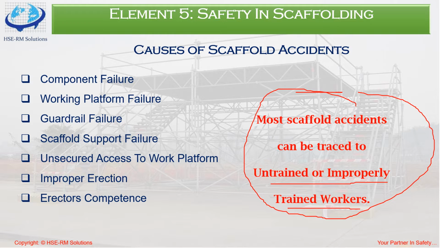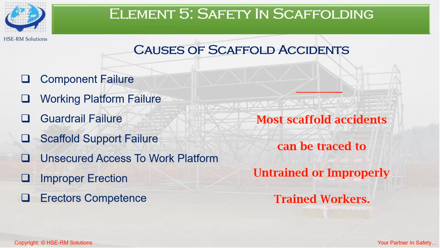Scaffolds don't erect themselves, right? So there are people who are erecting it, and when people erect it, there are people who make mistakes. Hence, most of the accidents can be traced back to untrained or improperly trained workers, because of whom the scaffold was not erected properly.